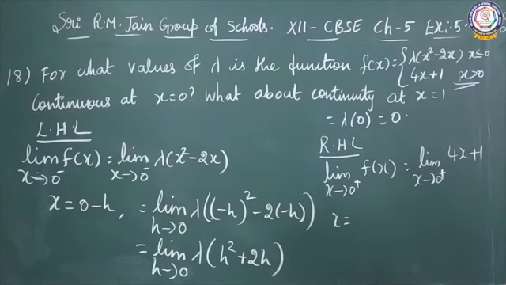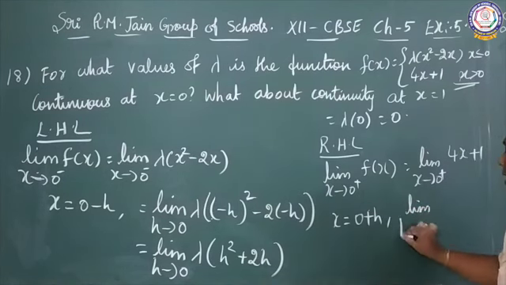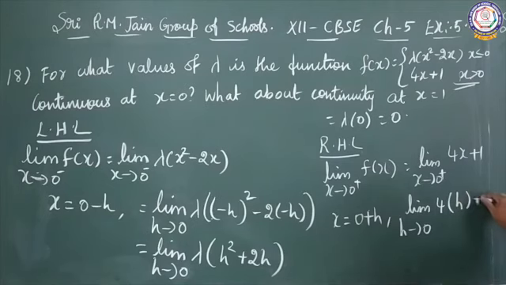The x value is a plus h, that is 0 plus h. It gives limit h tends to 0 of 4 into h plus 1. Now you apply h equal to 0. What is the value you are getting? 4 into 0 plus 1, the value is 1.